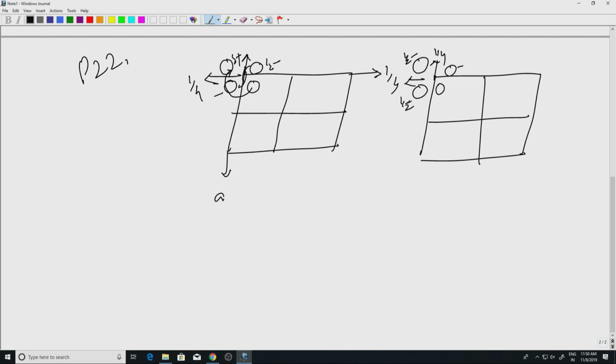When we rotate this one here, it becomes up plus. This becomes left-handed. So not permitted.